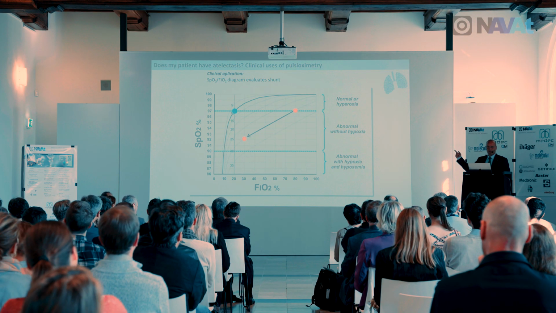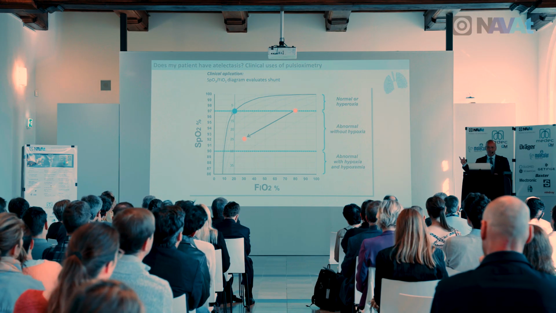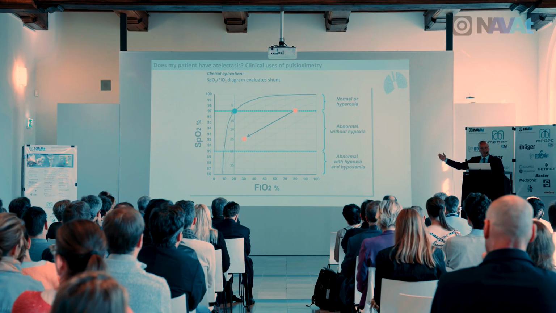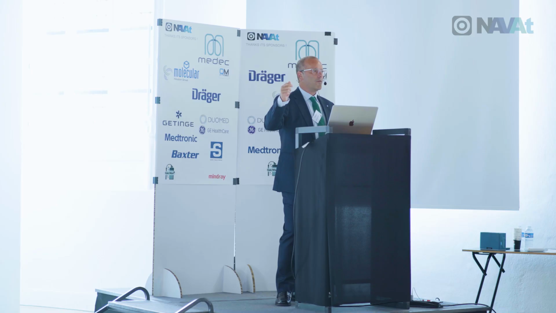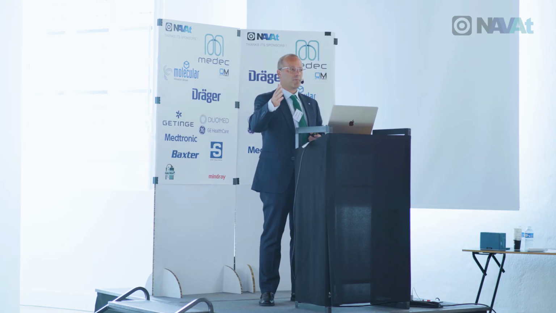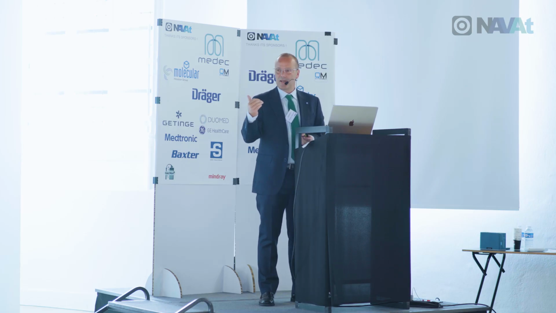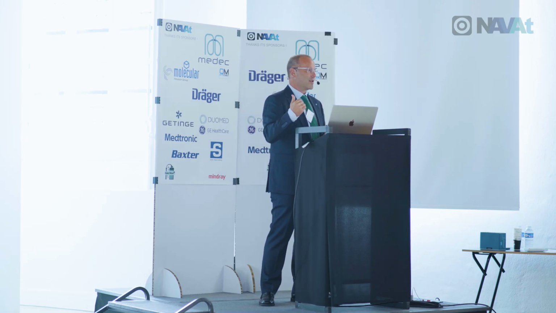You know this diagram, because the PaO2/FiO2 diagram is very well known in physiology. Well, it's almost the same with the SpO2. So if we reduce the FiO2 of our patients to 0.21, 0.23, 0.25, why not? Our patients were breathing this before they went to anesthesia with oxygenation.